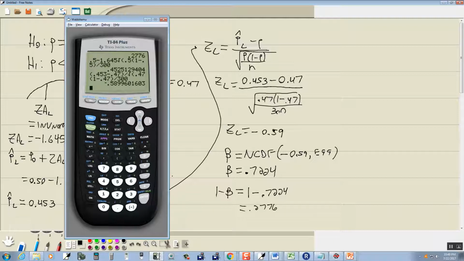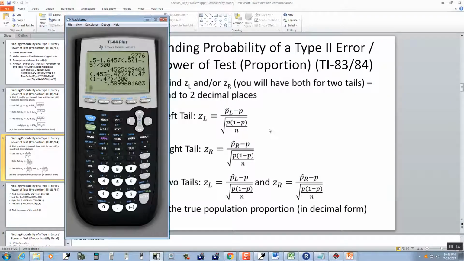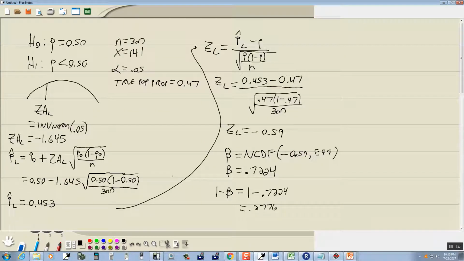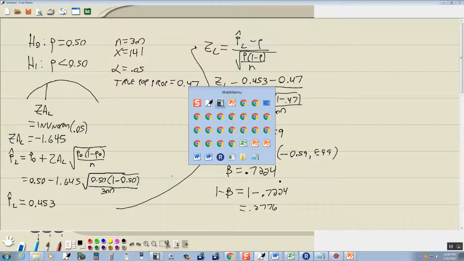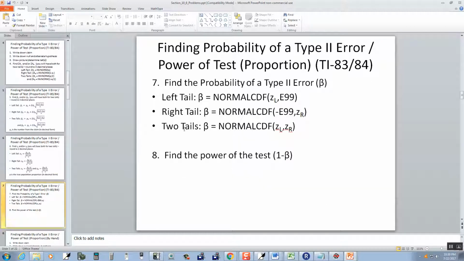Then I round that to 2 decimal places, and I get negative 0.59. And then left tail, we got beta is equal to normal CDF.